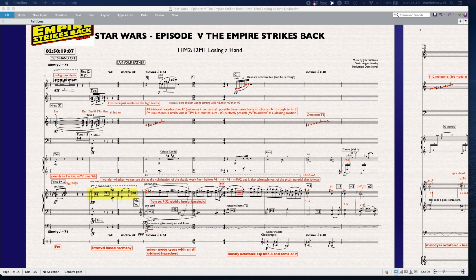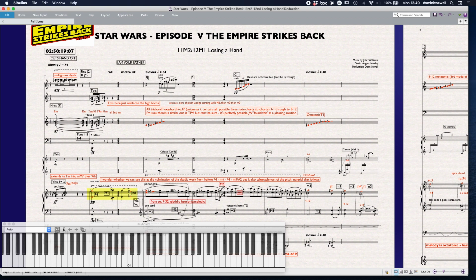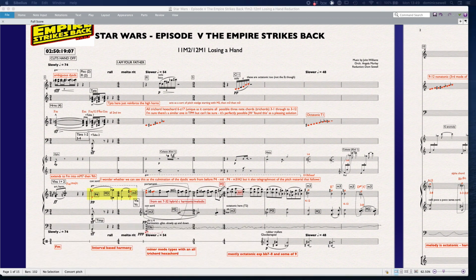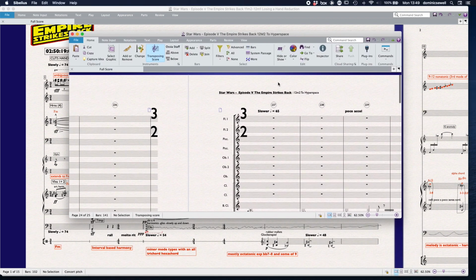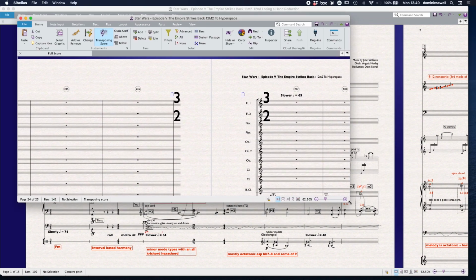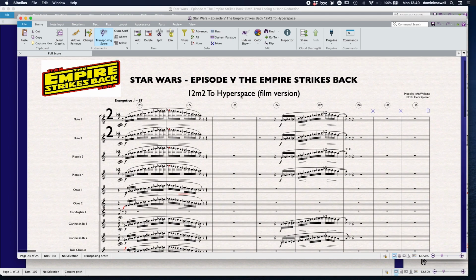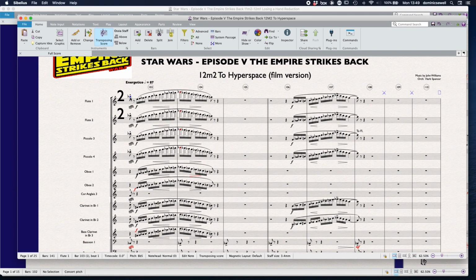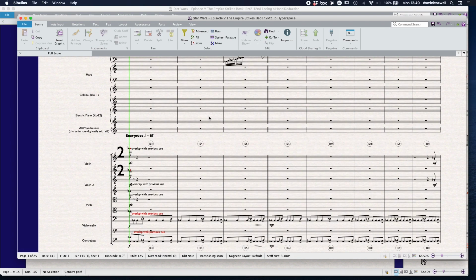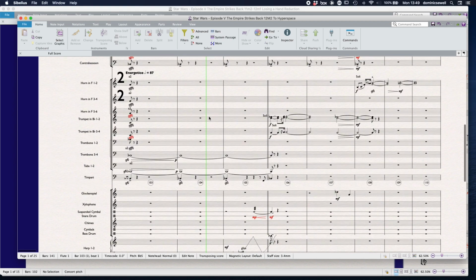So this is 12M2. Yes. And of course, what I tend to do is sort of double check all of these things as I go along. So I will feed through some of those changes to the live Disney version. Yeah, so this is what I've done so far.